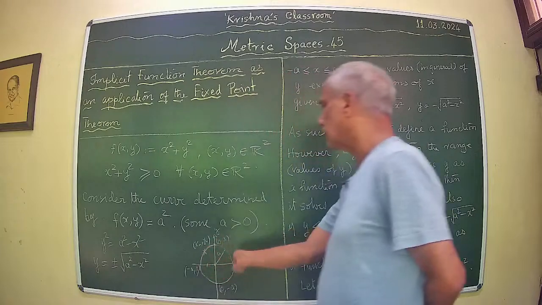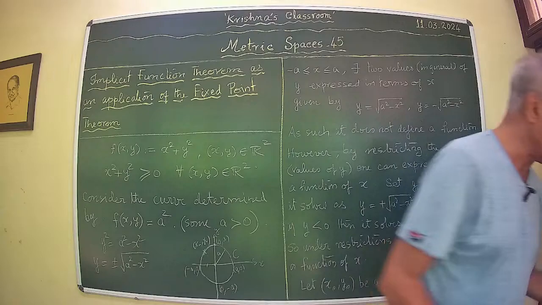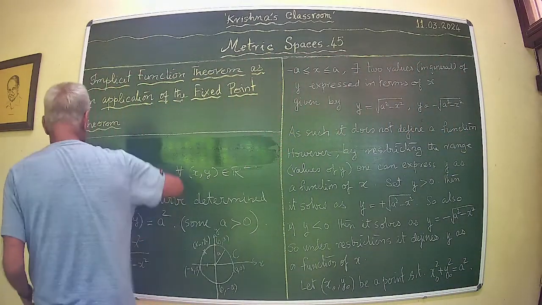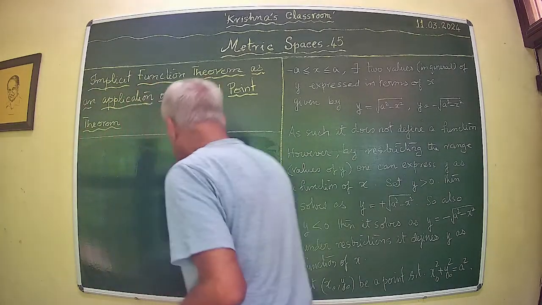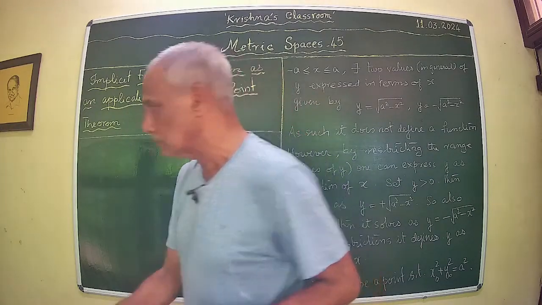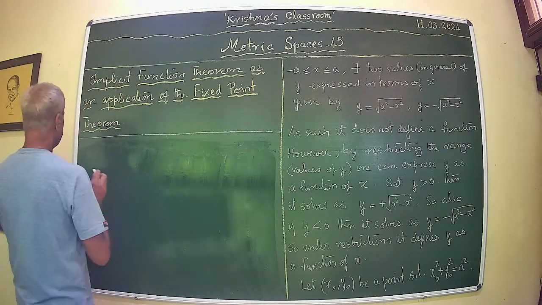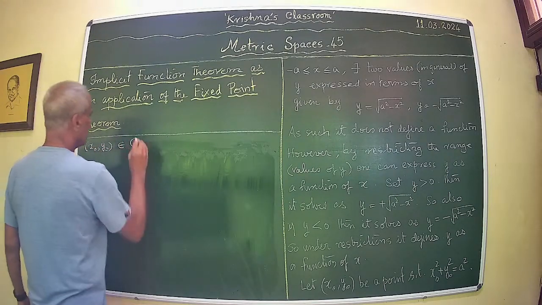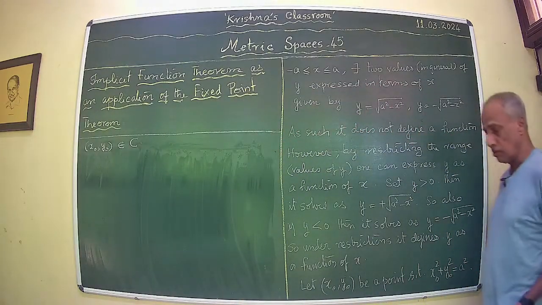So it may be any point on this curve C. So x naught, y naught is any point on this curve. So x naught, y naught belongs to C. Any point on the curve C. That is the circle C. Okay.